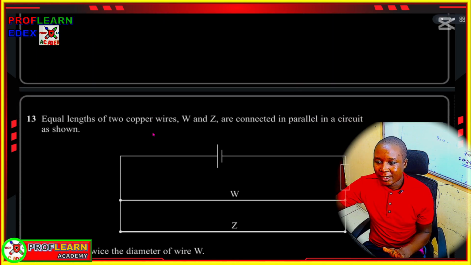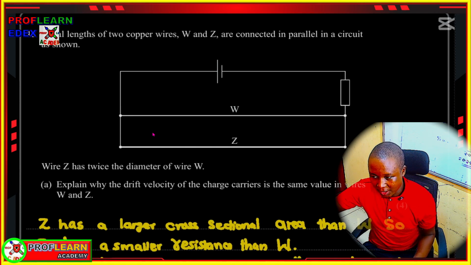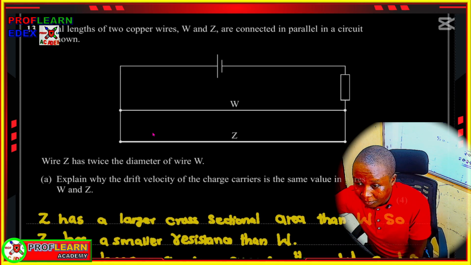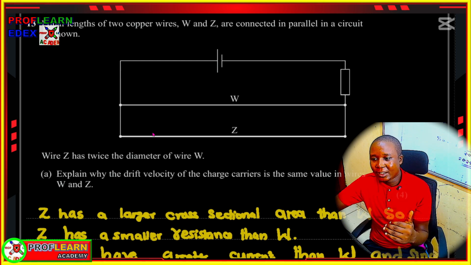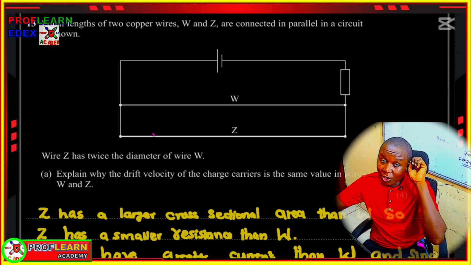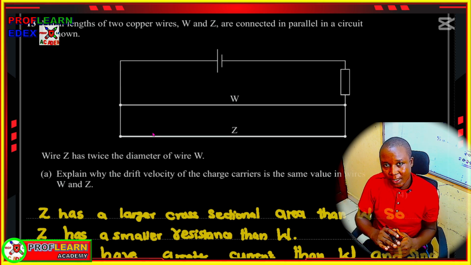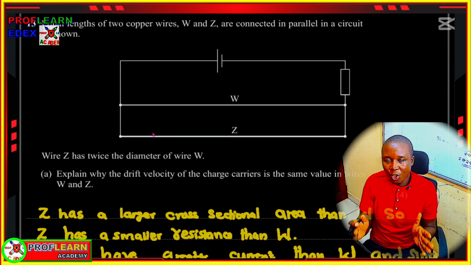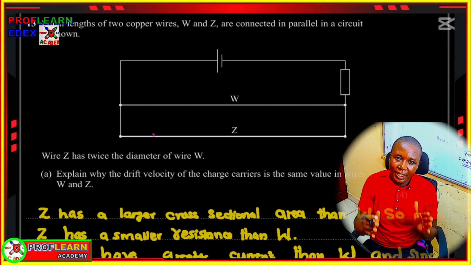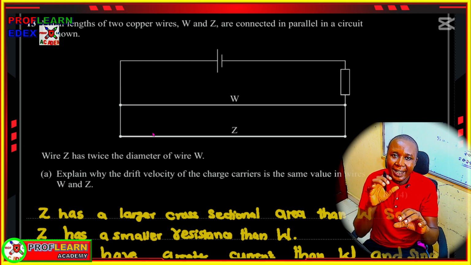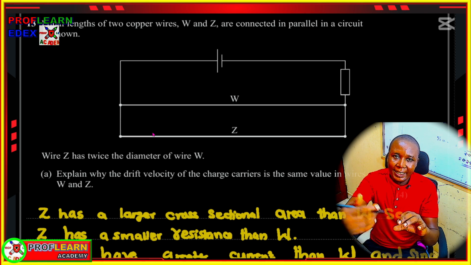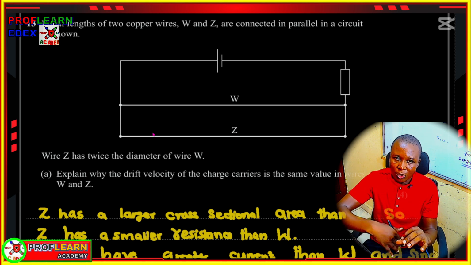That is for light. Again, we are back in electricity. Equal length of copper wires, because the resistance of wires depends on the length and the cross-section area. If a wire is longer, it means it's going to have a higher resistance. If a wire has a large cross-section area, it means there are more electrons in that wire that will be able to conduct electricity, so the resistance is going to be less.